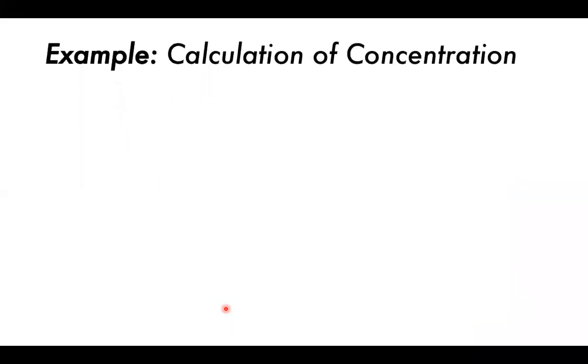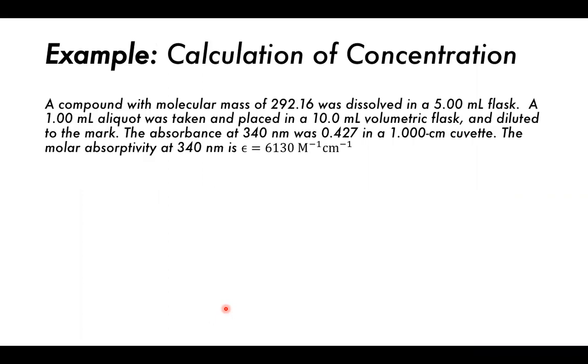So, calculation of concentration. A compound with molecular mass 292.16 was dissolved in a 5 milliliter flask. A 1 milliliter aliquot was taken and placed in a 10 milliliter volumetric flask and diluted to the mark. The absorbance at 340 nanometers was 0.427 in a 1.000 centimeter cuvette.